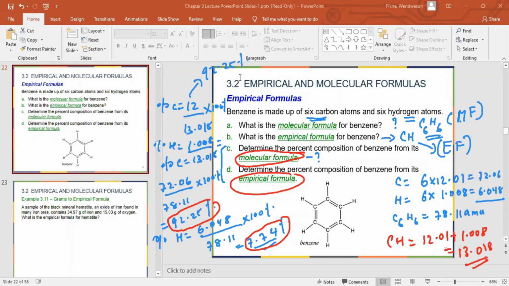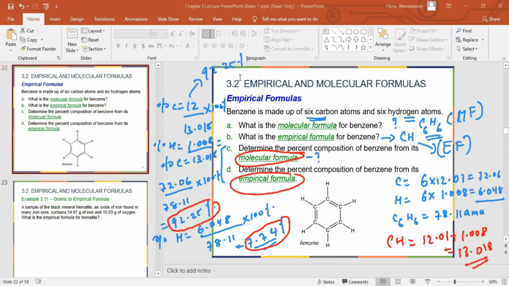So the proportion has to be the same, and then you go to the next step, where you get the actual number of atoms in the molecule. So that's how we get that number. It makes sense. That's proof that CH is the empirical formula for C6H6, which is the molecular formula for benzene.